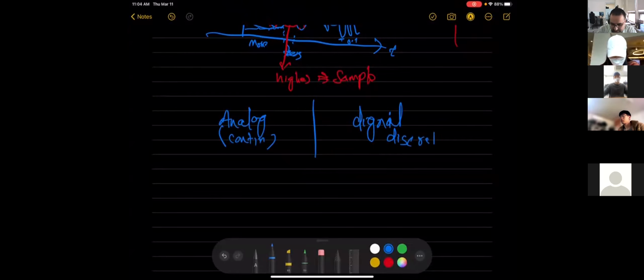So I'll show you what is the main difference between them. Analog signal: all the signals that I talked about were analog, right? You have a time, and then you have a function, and this function is changing with respect to time. And all these points are well connected. So this is called an analog signal.